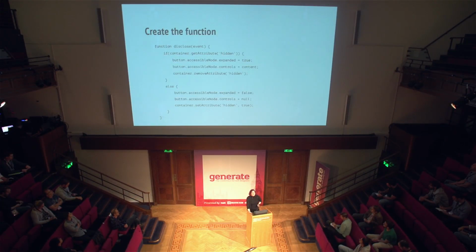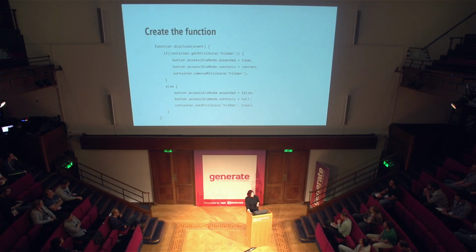We can do things like set the expanded attribute on the span, which will indicate the collapsed or hidden status of the disclosure widget. All the properties in the AOM correspond to ARIA attributes. So where we would have used ARIA expanded as an attribute, we can now just use the expanded property.